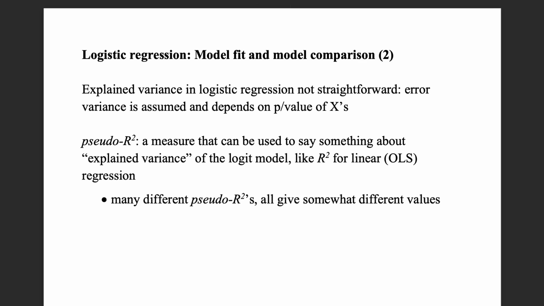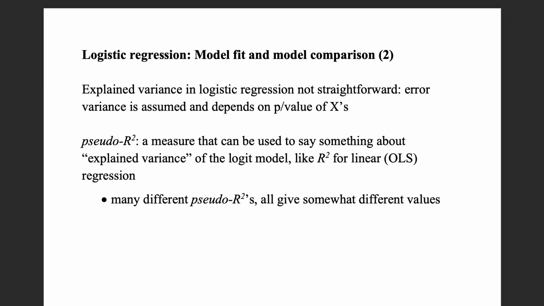There are lots of different formulas that you can use to get a value for a pseudo R-square. And last time I checked, there were, I think, more than 10 different ways of calculating pseudo R-square measures. And of course, all of them are different and therefore will give you slightly different values.